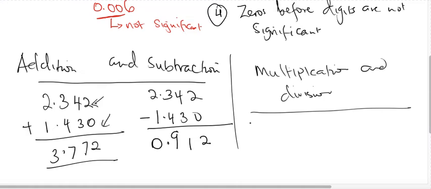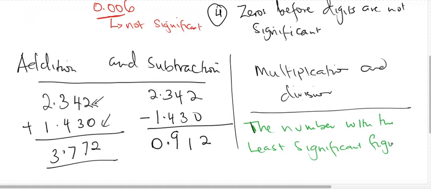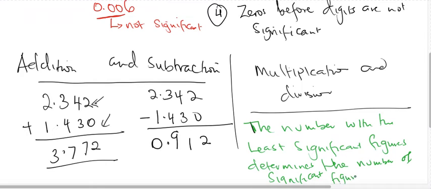I'll write it in green: the number with the least significant figures determines the number of significant figures in the answer. So these are the general rules of significant figures.